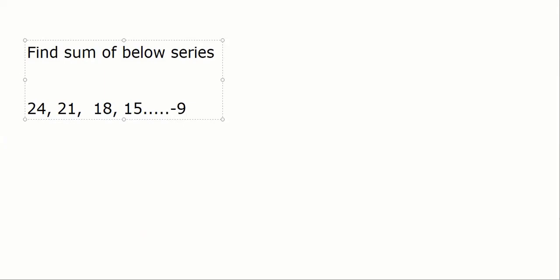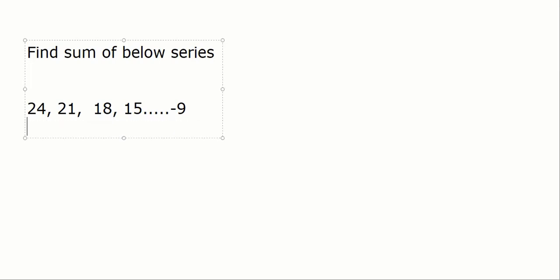Can you find the sum, guys, quickly? Use whichever method. Find the sum of this AP. So you might think, sir, there is no n. You are right, there is no n given.